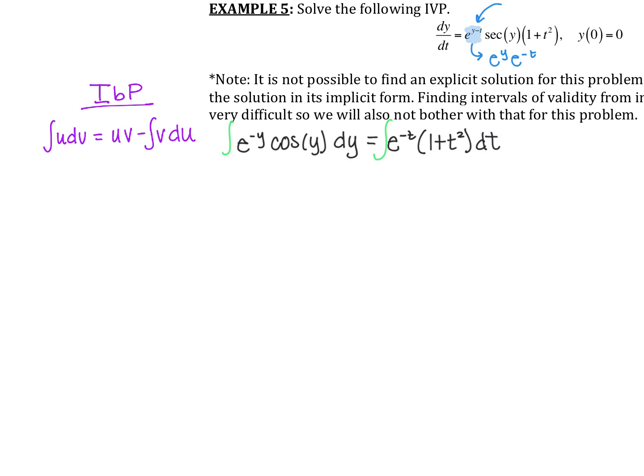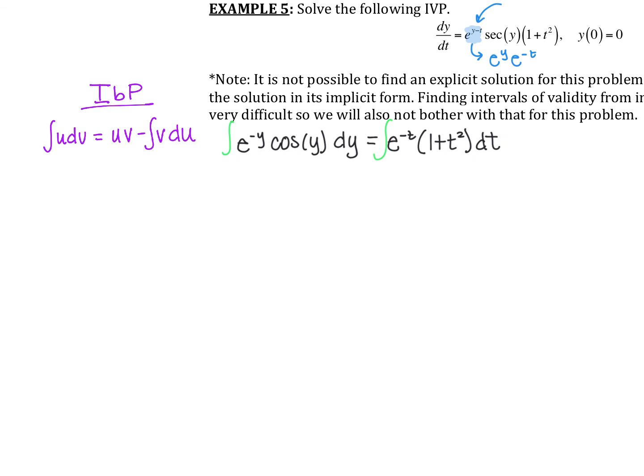Now, here's the problem with this first one on the left-hand side. Think about the integrals or the derivatives of e to some power. It just keeps repeating, right? Think about the integrals of cosine or derivatives of cosine. It keeps repeating as well.